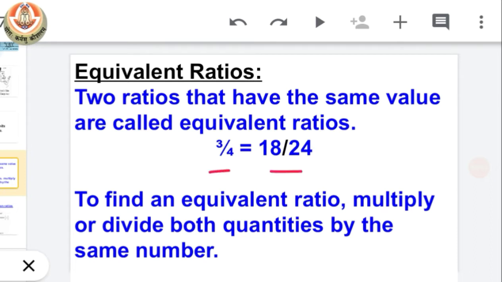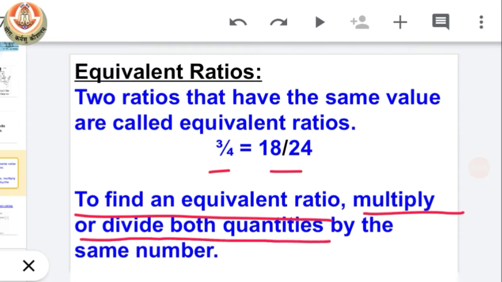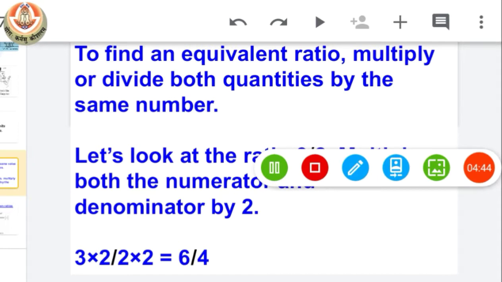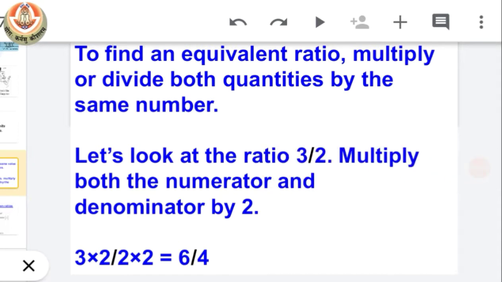Now how can we find an equivalent ratio of a given ratio? For this, we have to multiply or divide both quantities by the same number. Let's see how we can do it. You can see here that we have been given a ratio 3 by 2, and we have to make an equivalent ratio of 3 by 2.